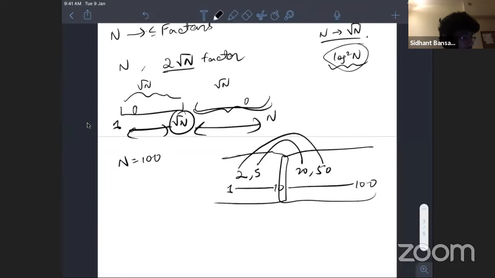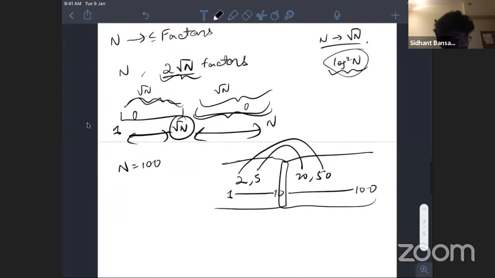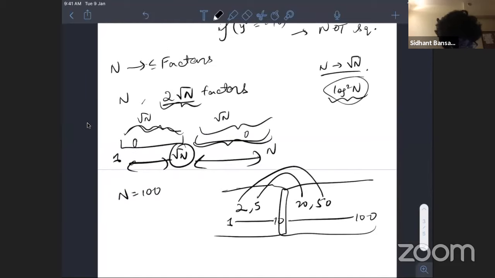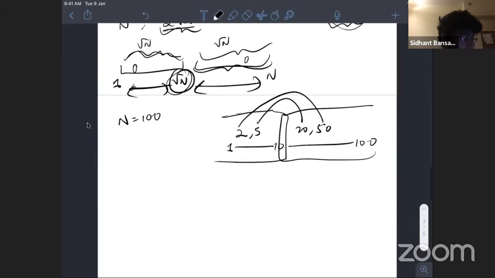So the idea is if you want to have almost 2 square root n factors of a number, you need to have square root n factors here and you need to have square root n factors here. It's not easy to come up with a number which has all the numbers as factors up till root n. Okay, let's take an example. Let's take, I don't know, 360. No, let's keep it simple. Okay, n equal 3600.